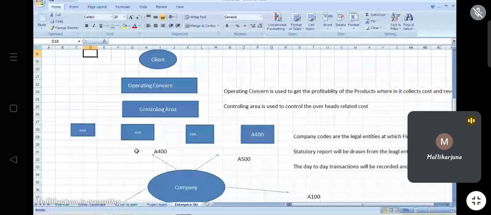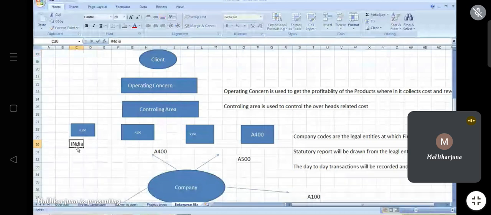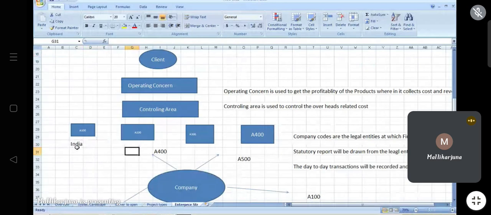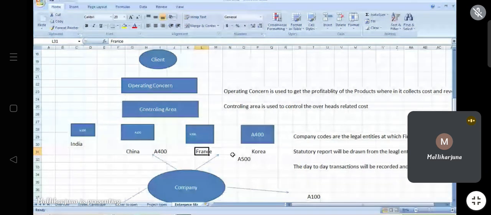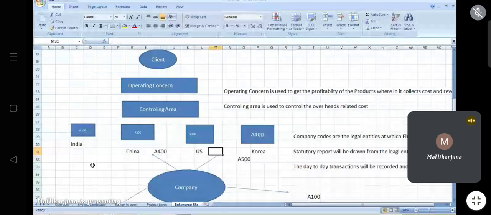As we discussed yesterday, let's say A100 is operating in India, A200 in China, another in France, another in Korea, and another in the US.